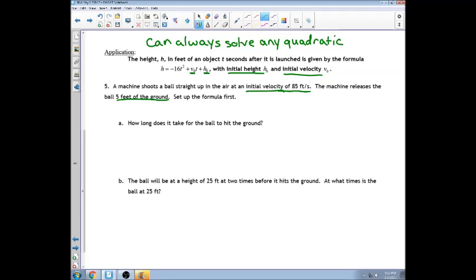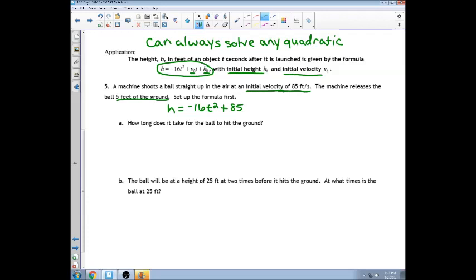So our formula is this equation with us plugging in our initial velocity and our initial height. So h is the height we're looking for, not our initial height. It's the height we're going to be looking for, is equal to negative 16t squared plus v0, my initial velocity. Well, my initial velocity, according to what I have underlined, is 85.